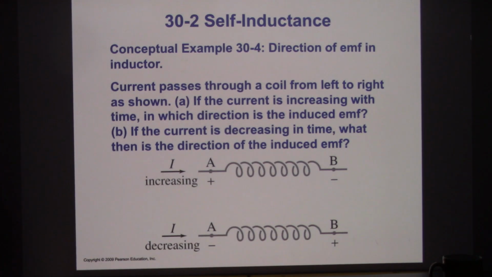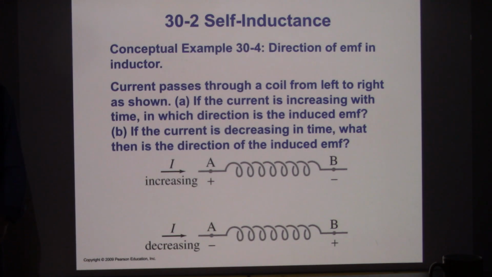It's difficult to change the current rapidly if you have an inductor in place, because if the current begins to increase, the inductor pushes against that. If the current begins to drop off, the inductor creates an EMF that helps prevent that also. So inductors kind of like things the way they are.